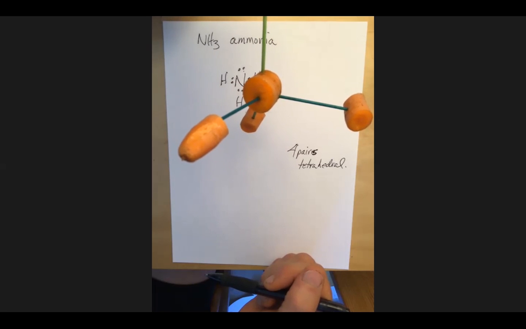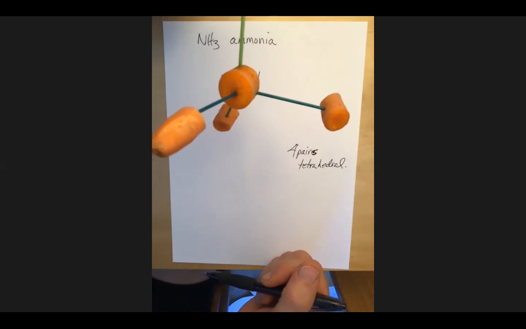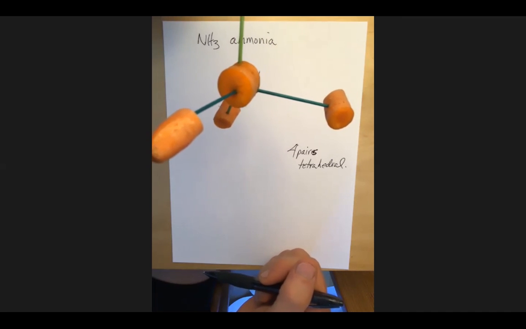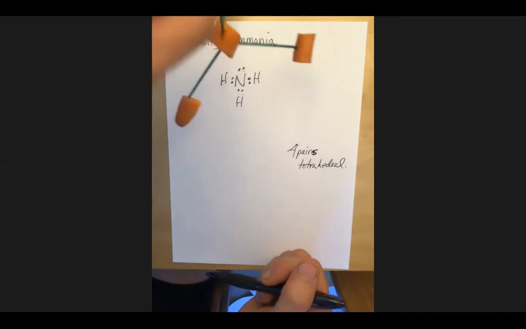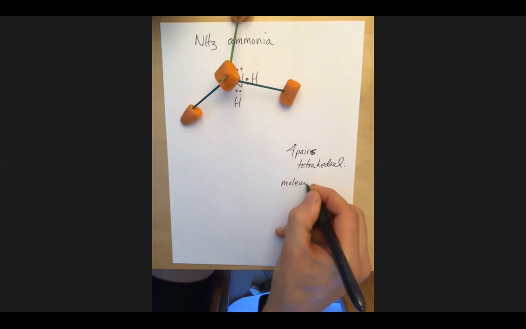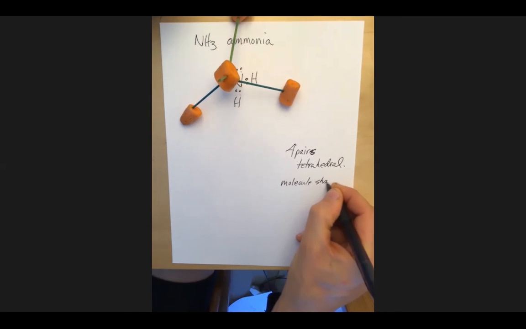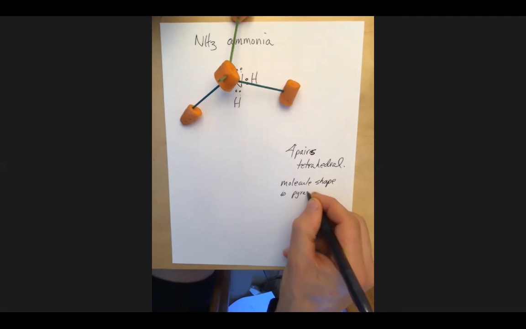Yeah, the middle atom, the nitrogen, is a little bit higher than the hydrogens on the bottom. Correct. Bingo. So the molecule shape is pyramidal.